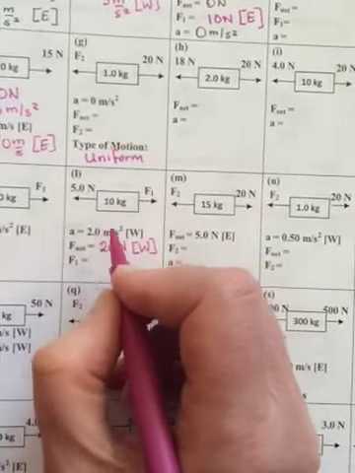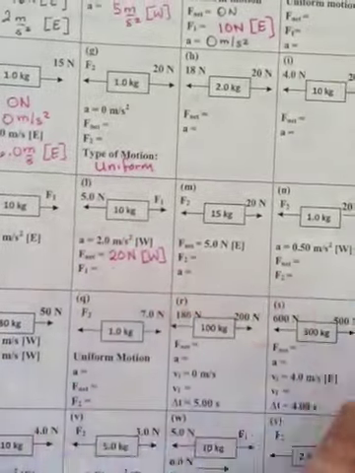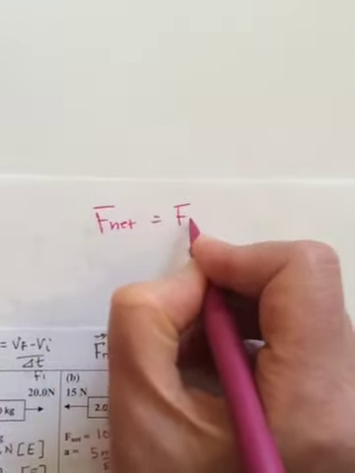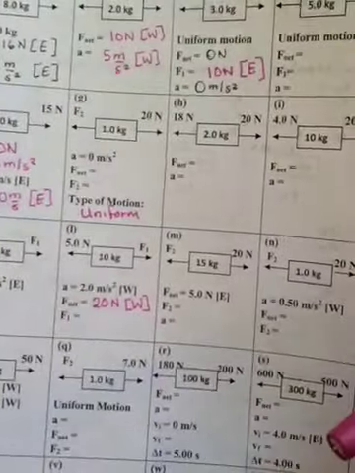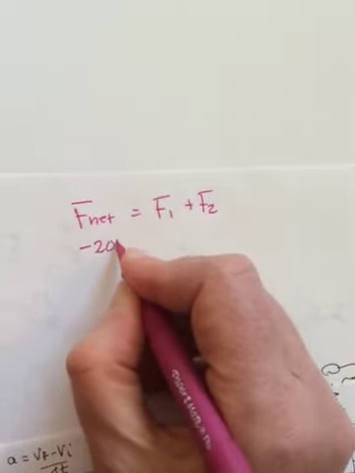Now here's the part that might have gotten you, because we're looking for F1, and I'm just going to do it on a sheet of paper. So we have F net is equal to F1 plus F2. And the question tells us that F net is 20 newtons, so we would put that in as negative 20.